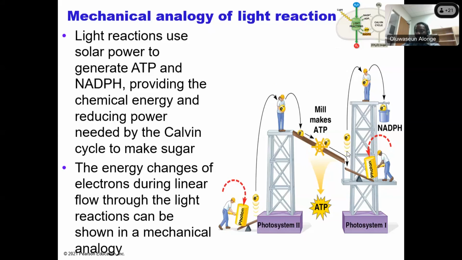It goes that way, comes here. This one also splits, releases an electron, and the electron becomes excited. Then the electron coming from here balances out the electron that was lost here, so the photosystem becomes stable again. And then the electron released by photosystem 1 will later be accepted by NADP plus, which will be reduced, powered by NADP plus reductase.